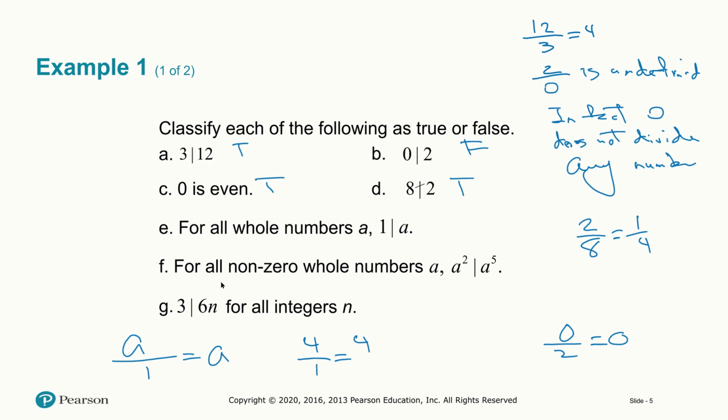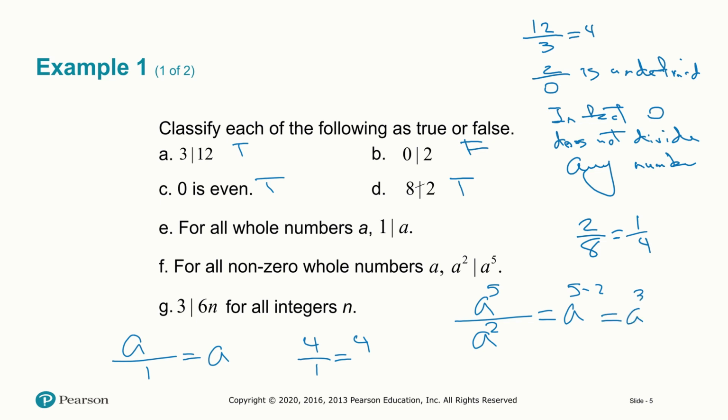Okay? For all non-zero numbers a, a squared divides a to the 5. Let's take a closer look at that. So we want to see if a to the 5 over a squared can be done cleanly. Now, we know that using the quotient rule, this is going to be a to the 5 minus 2, which is a cubed.